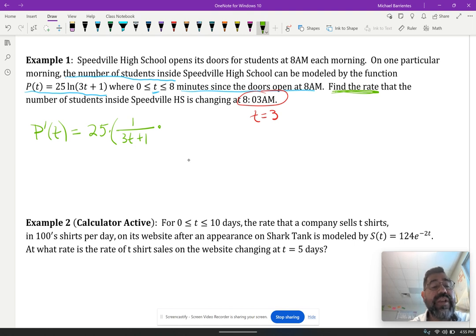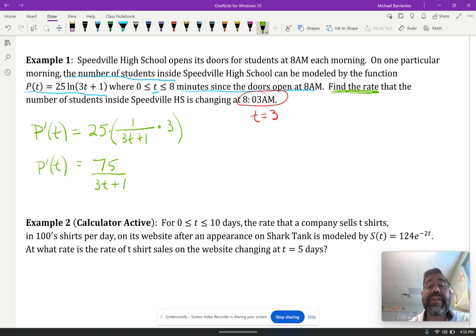So this is a chain rule right here. There's an inside function and an outside function. The derivative of the outside is 1 over x. Oh, but it's 1 over the inside function times the derivative of the inside function, which is 3. So in reality, this is 75 over 3t plus 1. This is what the derivative function is.